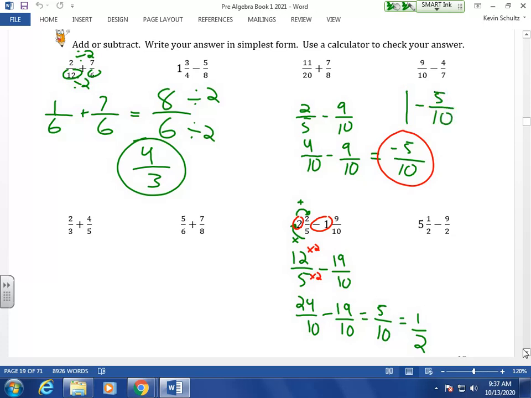What's 1 minus a half? A half. So the answer to the question is yes, you can do it that way. However, pay attention to signs and things such as that. Unless you are comfortable with that, I would recommend doing it the other way, but that is a way that works. Okay?